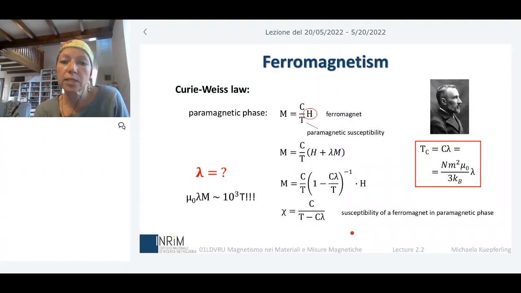So 1000 Tesla, if you're not that familiar with the numbers of magnetic fields, is an extremely high field. We can produce this kind of fields in a lab, but only with destructive methods where you have to implode a coil and you get these high fields only for fractions of seconds. So these are really very, very extreme fields.